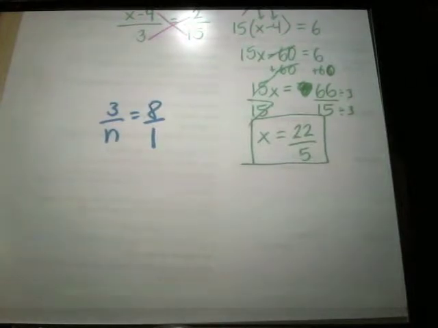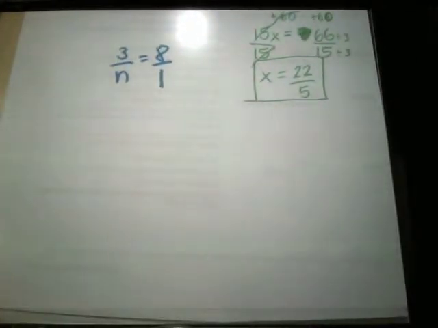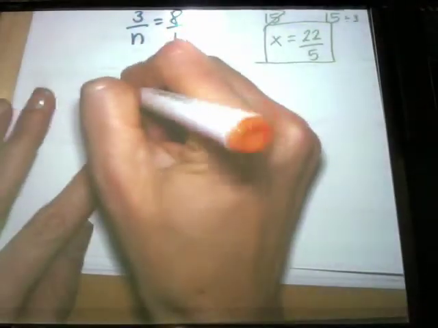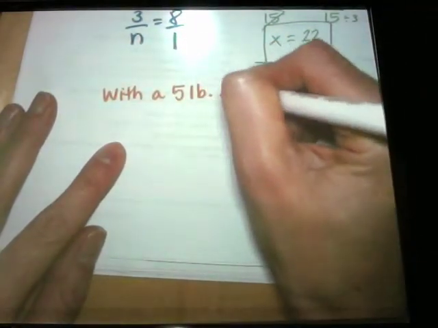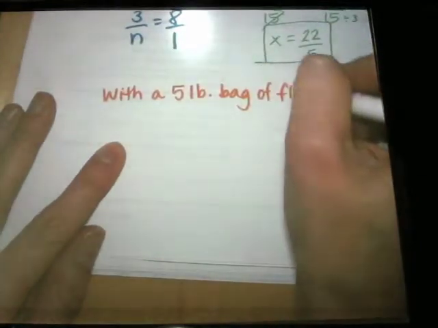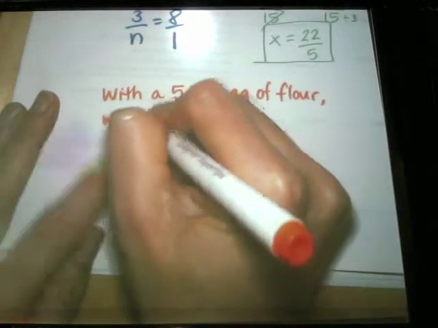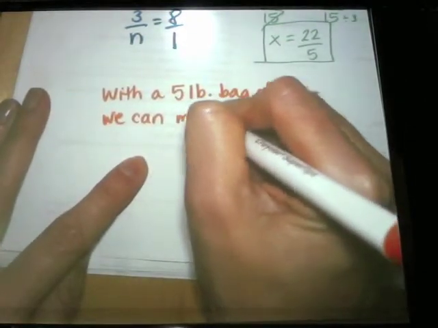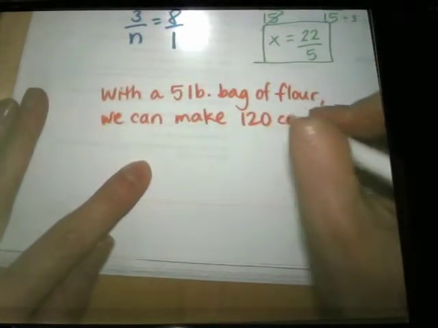Now, the only other thing I'm going to have you do is some word problems. Yay, so here's an example. And again, you won't have to write the problems. With a 5-pound bag of flour, we can make 120 cookies.